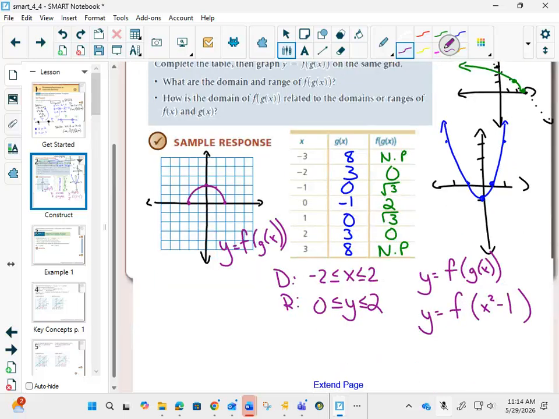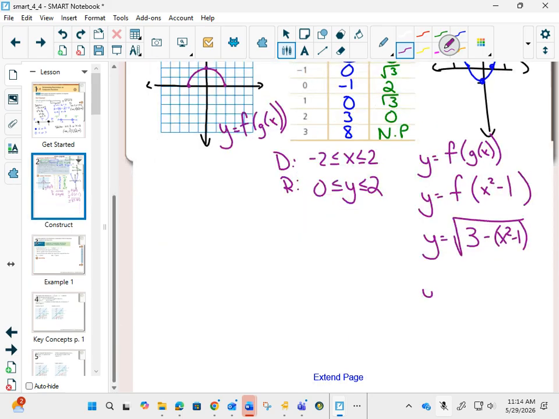So f of x squared minus 1 will be square root of 3 minus, and this time I'm plugging in x squared minus 1. If I simplify this, I'm going to write the negative x squared first, and 3 minus the negative 1 will be plus 4. That's the square root of negative x squared plus 4.